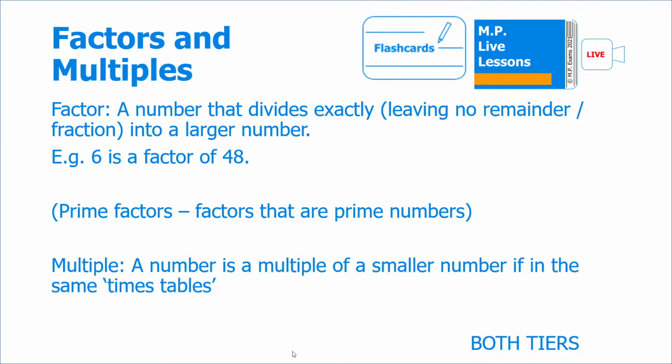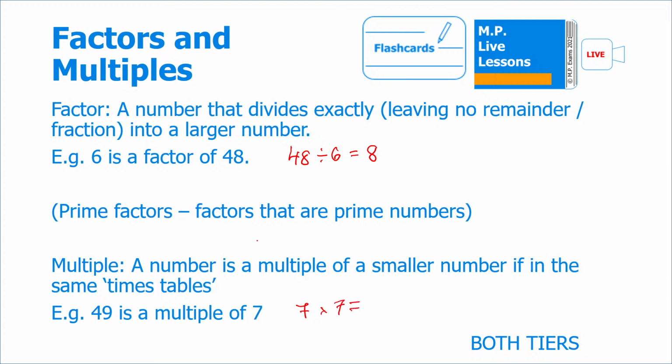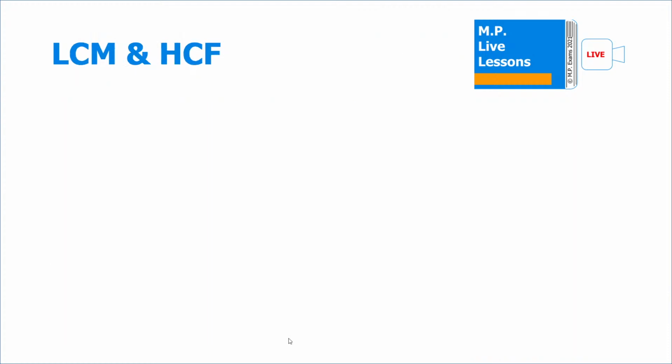You'll also need to know about multiples, which are basically the times tables of a number. For example, 49 is a multiple of 7. As a result, you'll need to also know the LCM and HCF.